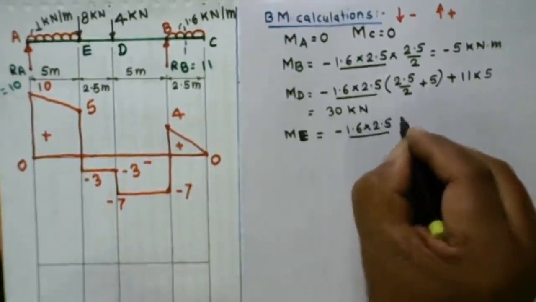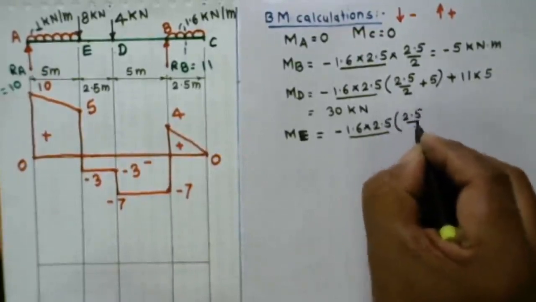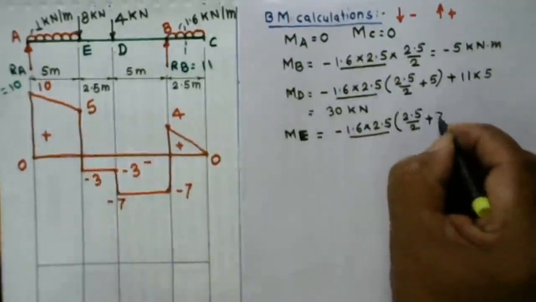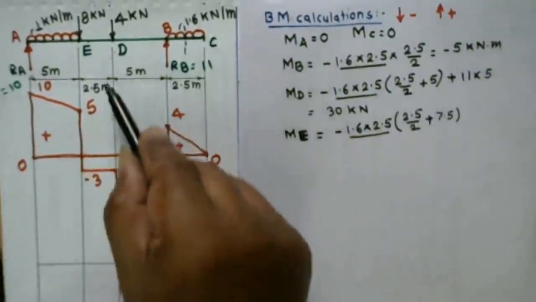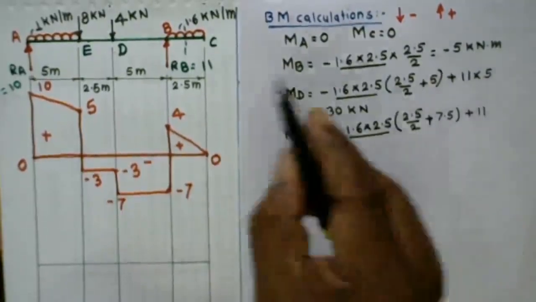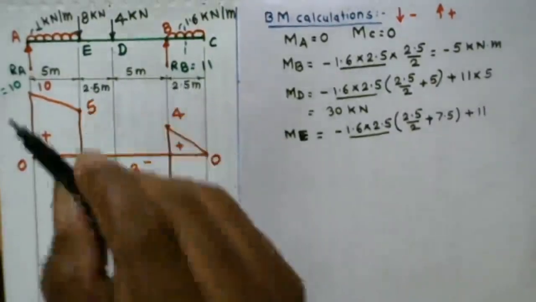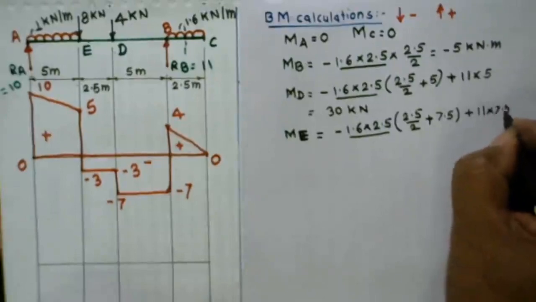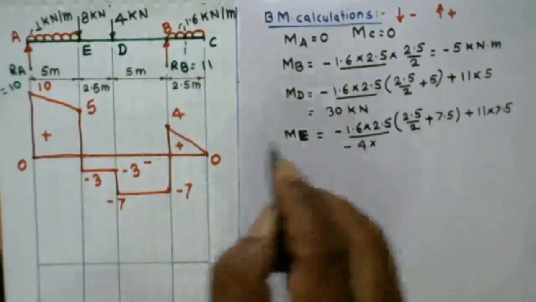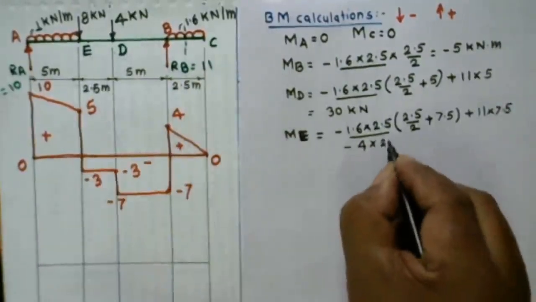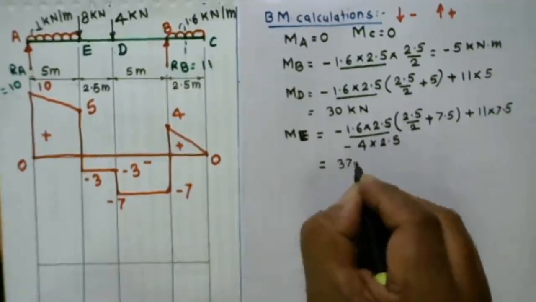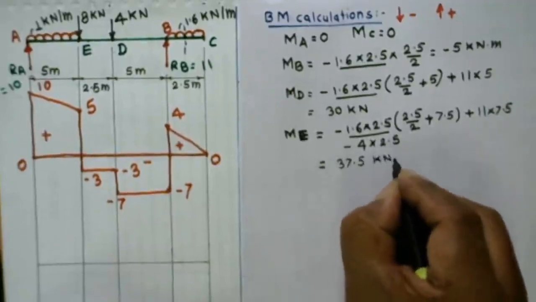This becomes a UDL acting at the center, so 2.5 by 2, but we have to take the distance up to the point E. So this distance becomes 5 plus 2.5, that is 7.5, plus RB, that is 11 kilonewton, into its distance up to the point E, which is 7.5, minus this point load 4 kilonewton, and its distance up to the point E is 2.5. So after calculating, this is 37.5 kilonewton meter.